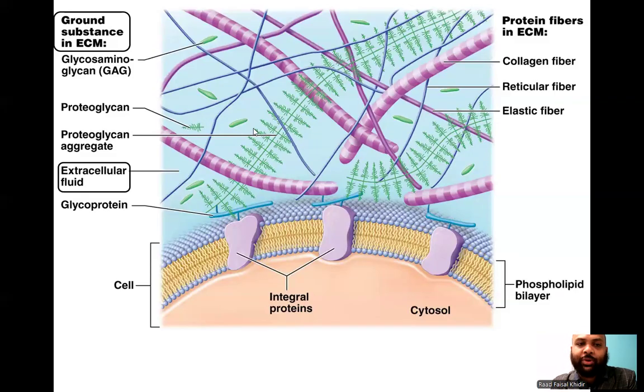You see this proteoglycan. Proteo means protein, glycan means sugar. But that is not a glycoprotein. Glycoprotein is attached to the cell. So if I ask you what's the difference between a glycoprotein and a proteoglycan, a glycoprotein is a sugar that attaches to the proteins at the surface of the cell membrane, like the green one that attaches to the protein, like this one.